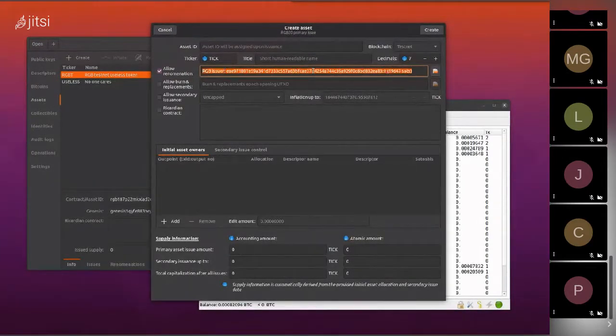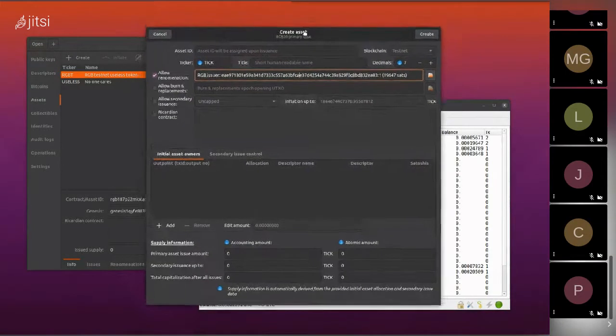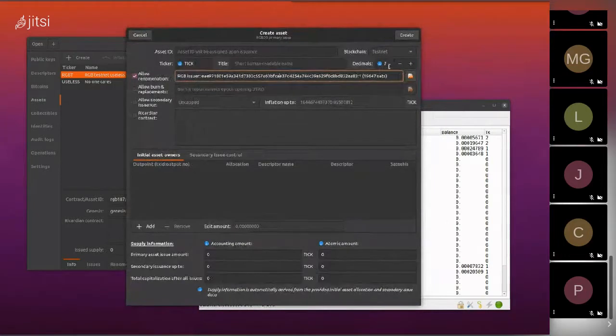So another idea of how the same thing can be implemented inside the RGB schema is by introducing another meta parameter like decimals, but this parameter will be a deflation rate, and the amount will always be kept the same.